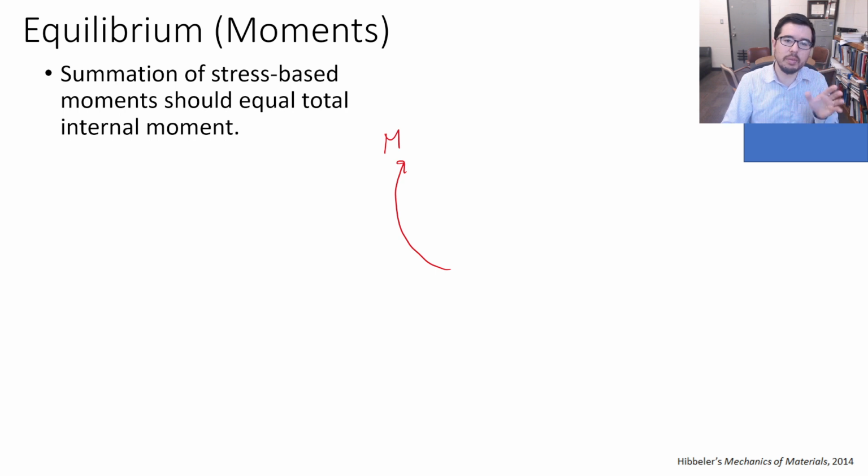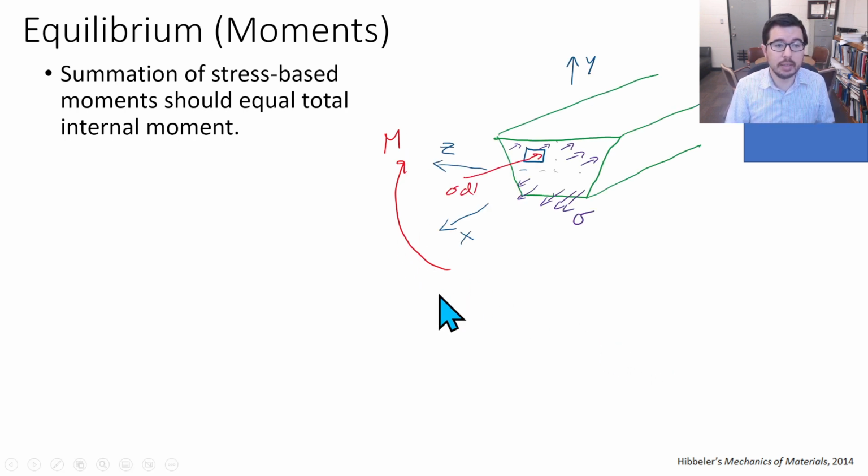So we've now done equilibrium for the resultant force, setting that equal to 0. Let's look at equilibrium with the moments. Now, in this case, we do have an internal moment being applied to the surface.